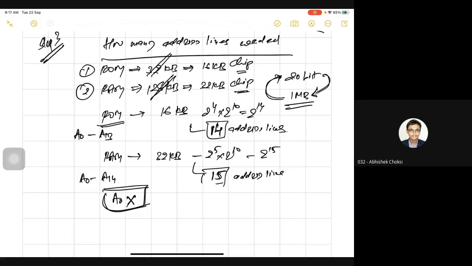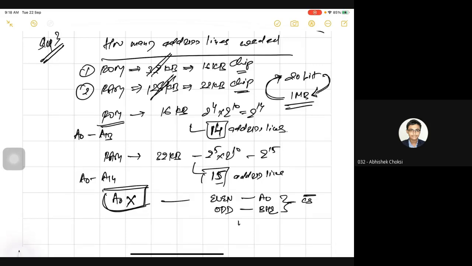You can't use A0 because, as I already told you, your memory is divided into two parts: even bank and odd bank. To select the even bank, you need to give A0 as your signal. To select the odd bank, you need to use BHE as your signal. So A0 and BHE are used as chip select signals to select your memory bank.